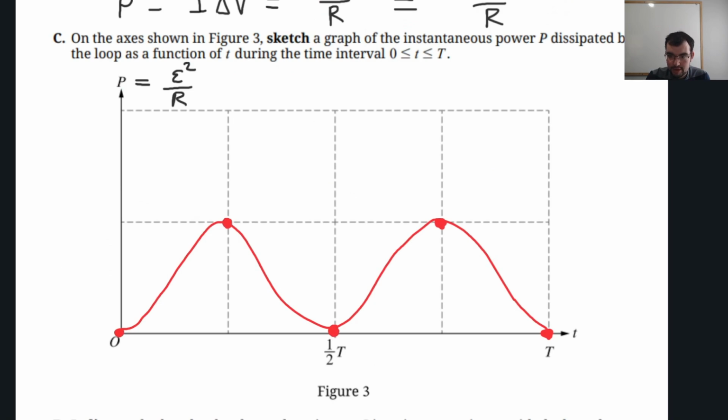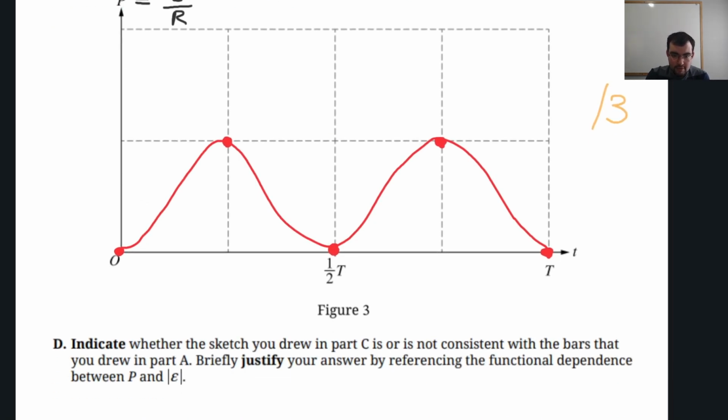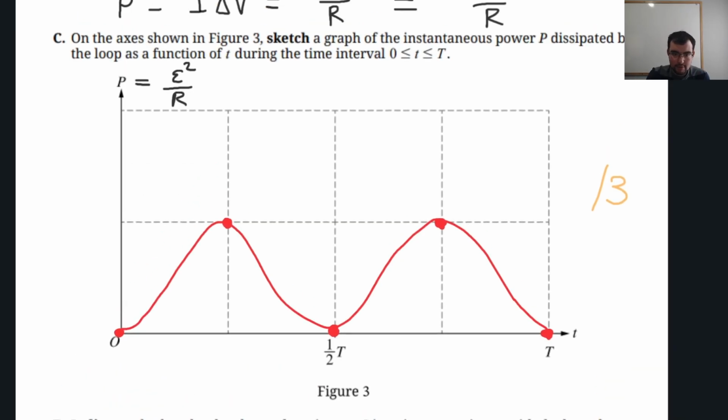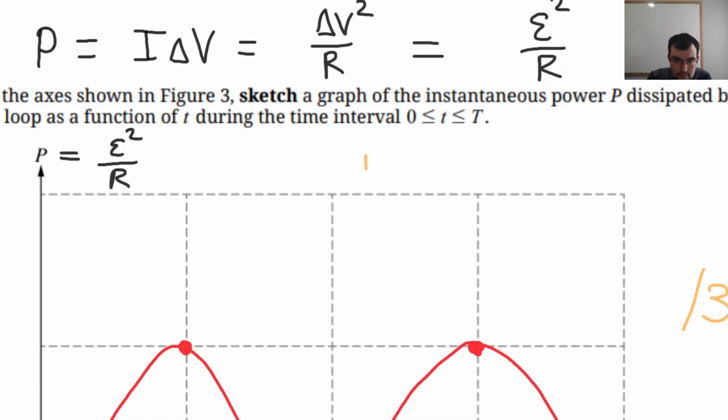Then for our 3-point graph, thinking about this, you'd probably get a point for a graph whose period is 1/2 of the original period.